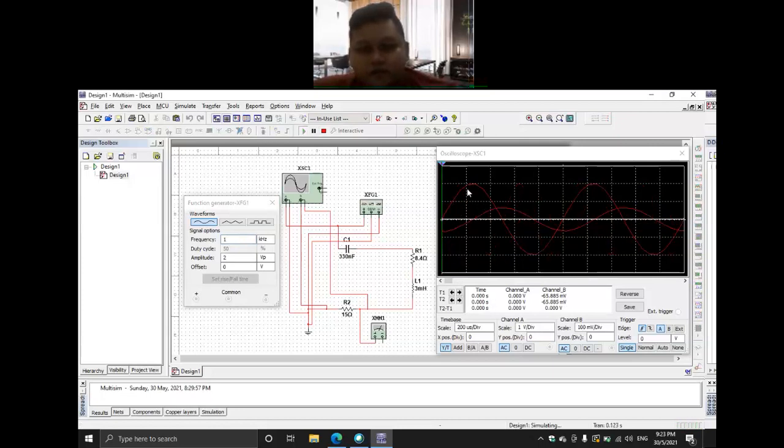Right, we get the graph on the oscilloscope. After that, we take this line to the peak of this and this. After that, we will take the value of this, which is 63.775 millivolt.